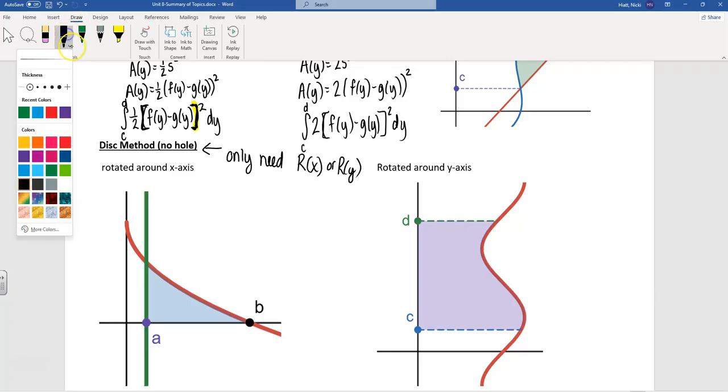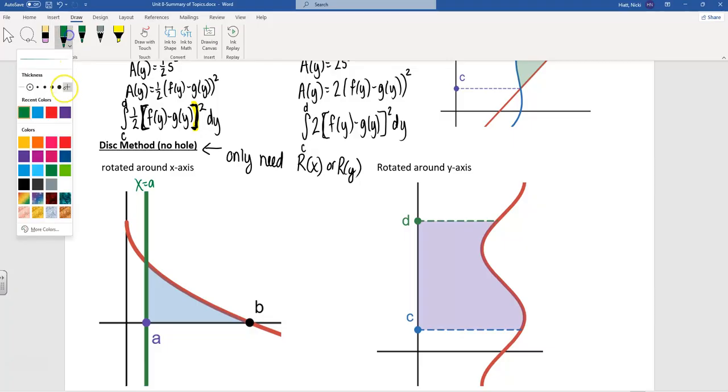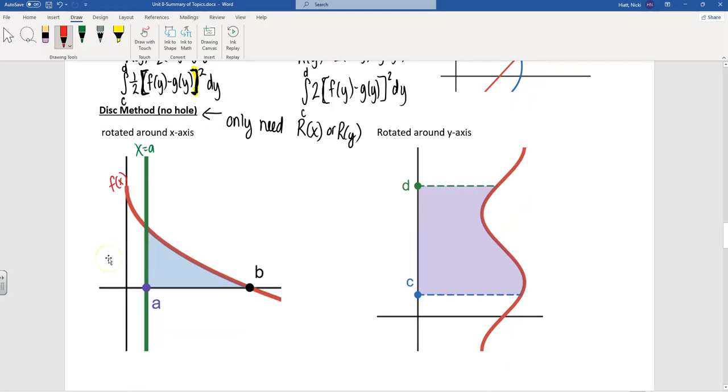So I'm going to call this green function right here, actually this particular green function, it would be x equals a, right? It's not a function. It's not f of x. It's x equals a. And then the red function, let's just call it f of x, right there. So I'm thinking about rotating around the x-axis.